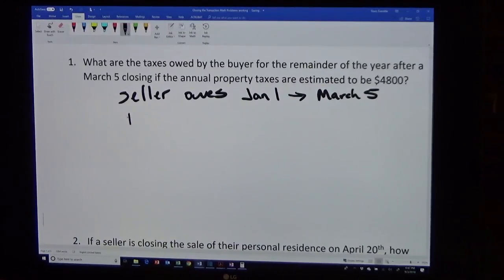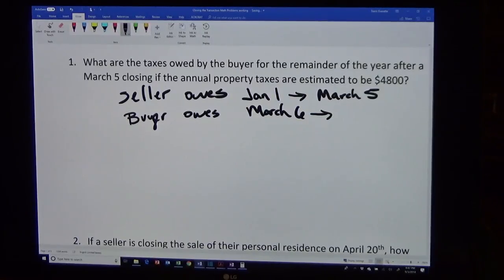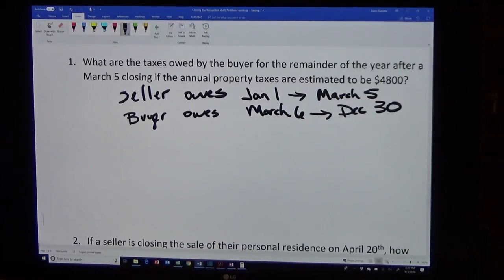And then we want to write buyer owes. And it's going to be March 6th, it can't be the 5th because the seller's already paid for the 5th, through December 30th.